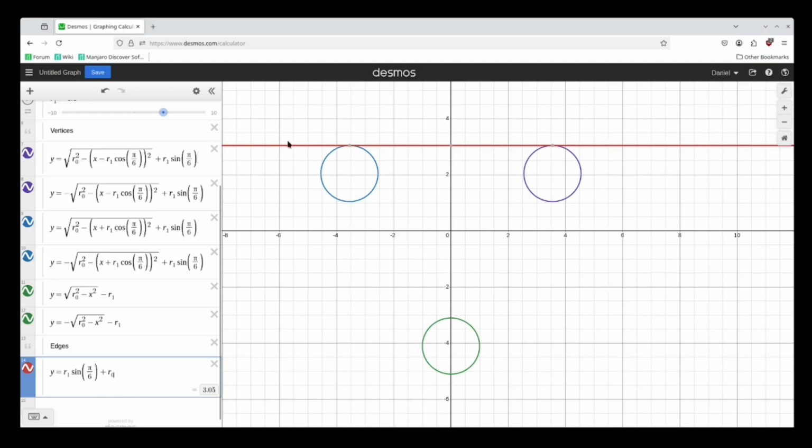And this line is made of the y component of the distance from the center to this point here. And to calculate the distance, we need the x component. And so we can grab that from here. This is negative because this is really x minus the negative of this.